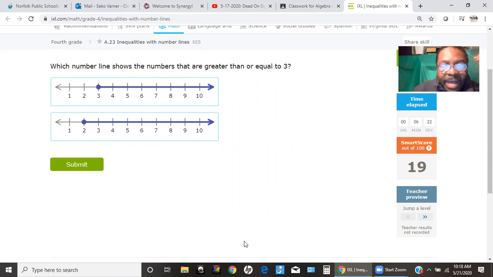Okay, so if I look at my options, this one here starts at 3. It's a darkened circle, which means greater than or equal to. So that's a good option. Let's look at this option. This option starts at 2.